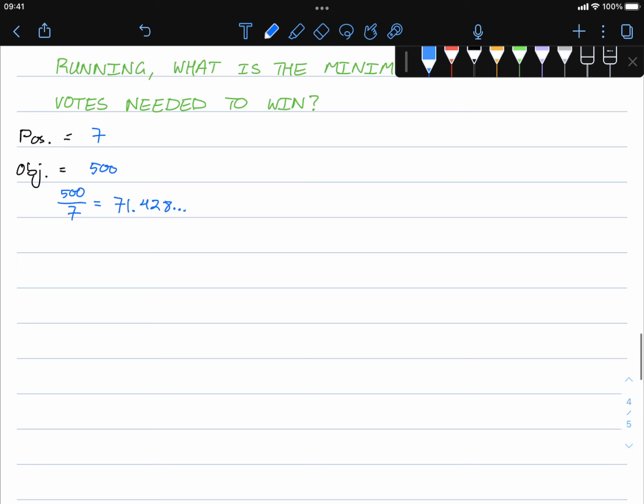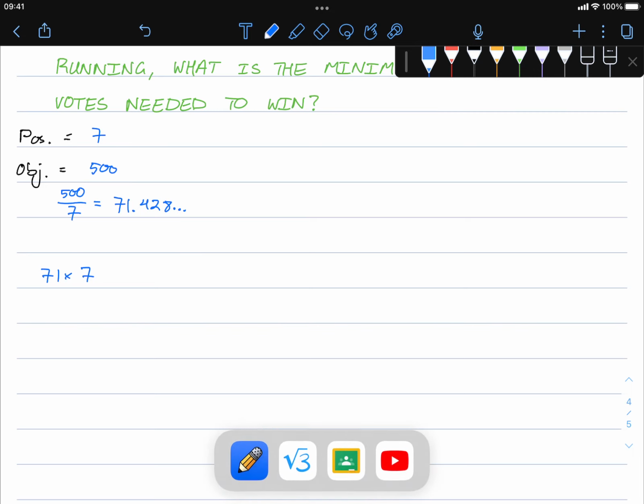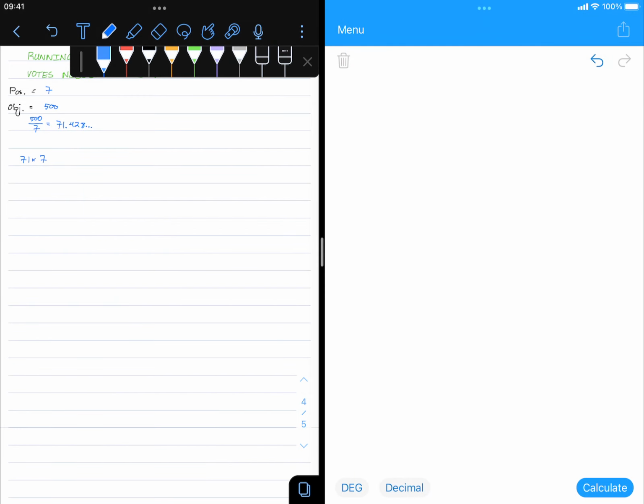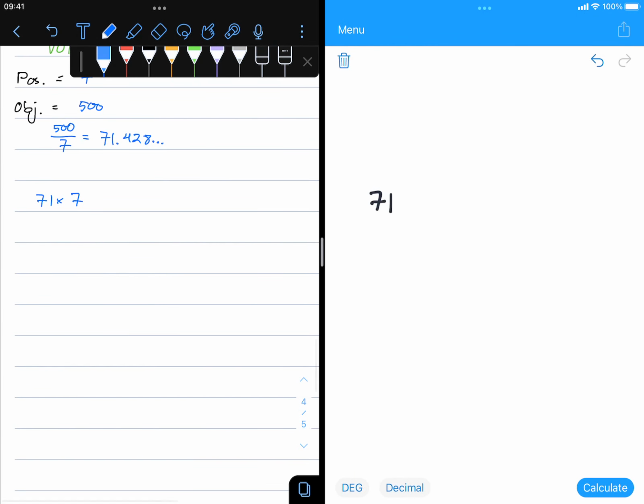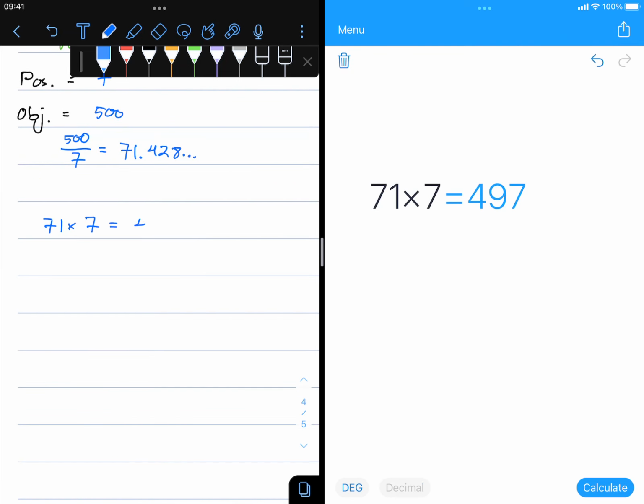Okay, so now, if everyone voted as equally as possible, well then, 71 times 7 candidates. Let's take a look at what would happen then. 71 times 7, that's 497 voters.